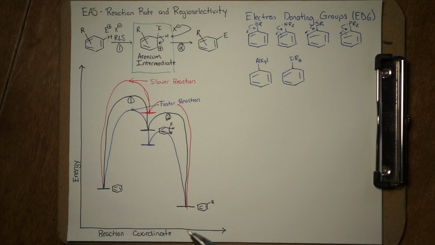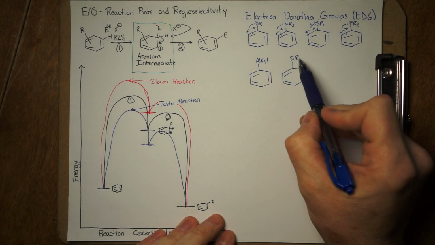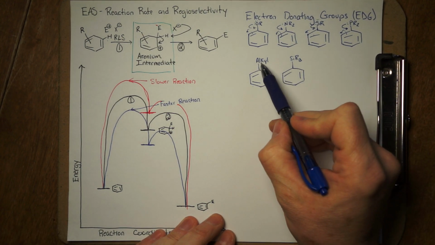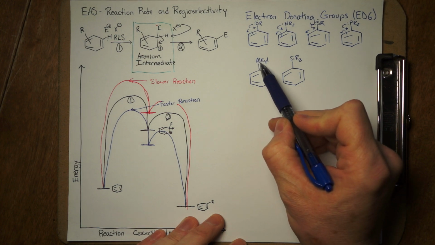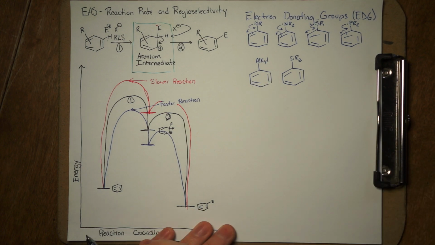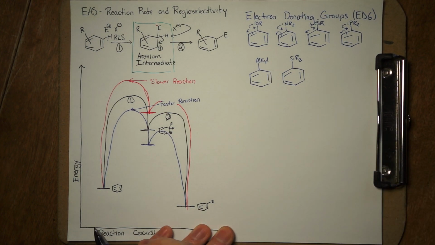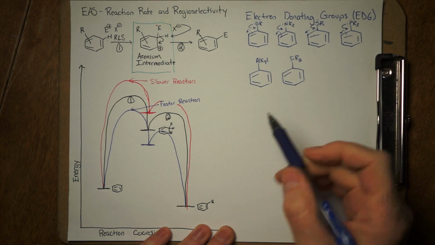So these are not resonance donating groups, but either inductive or hyperconjugation donating groups. So alkyl groups and silyl groups: the bonds to hydrogens and other carbons beyond this first carbon can overlap with the pi system and stabilize positive charges within that pi system through hyperconjugation.